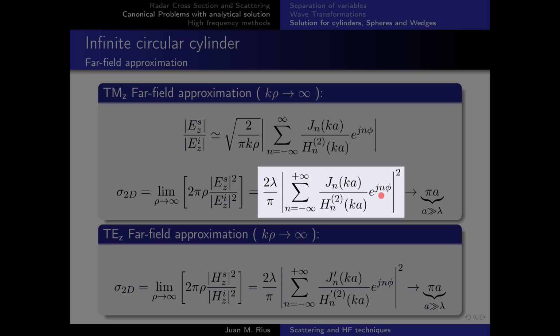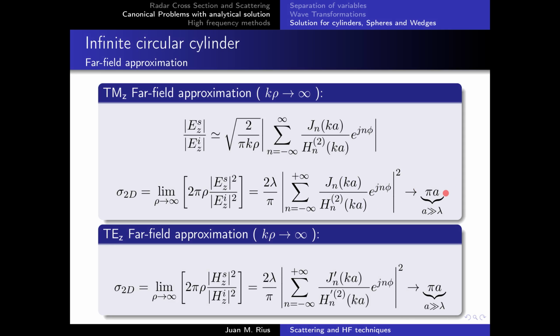And now when the radius of the cylinder is large compared to the wavelength, we can observe that this summation converges to pi a. So pi a is the high frequency approximation of the RCS of the cylinder, both in TE and TM cases.